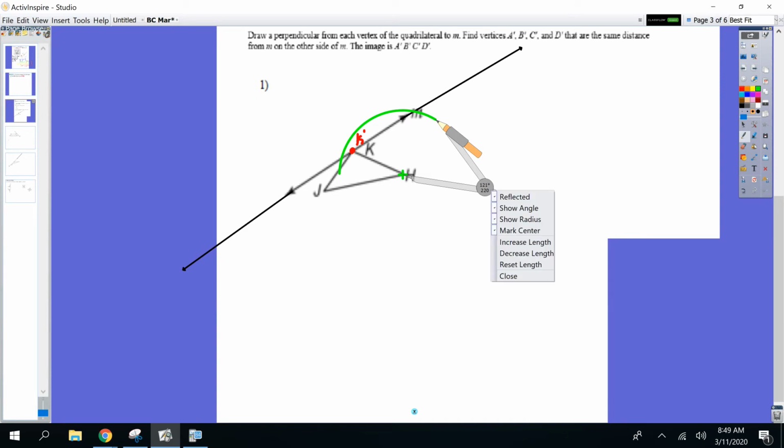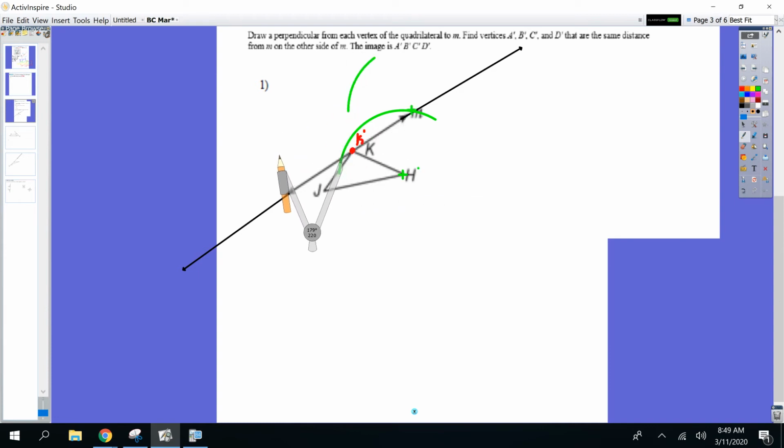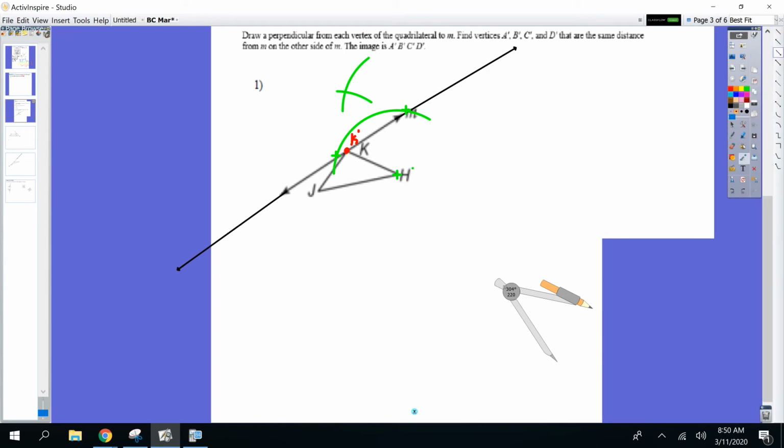Yep, go to both points of intersection on line M, and we're drawing 2 more arcs above it that hopefully intersect each other. Everyone remembers this. And then draw in your perpendicular line.